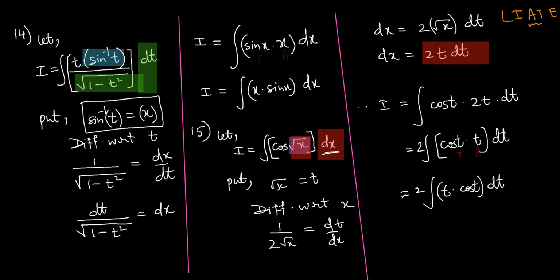Then I go ahead, integrate by parts, and I get the proper answer. Take care of this 2 outside; you will have to put a bracket. Once you have integrated, you substitute what t is. t is root x, so don't forget to replace t by root x.